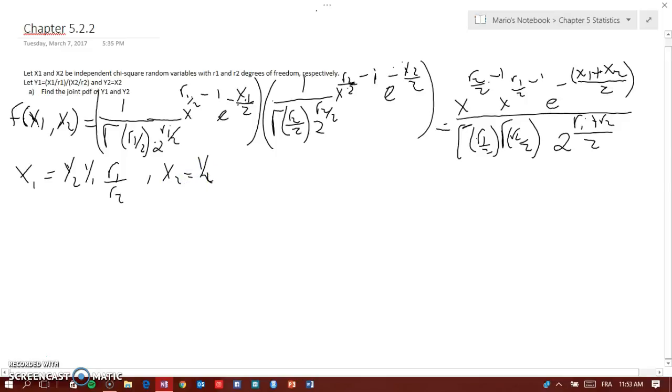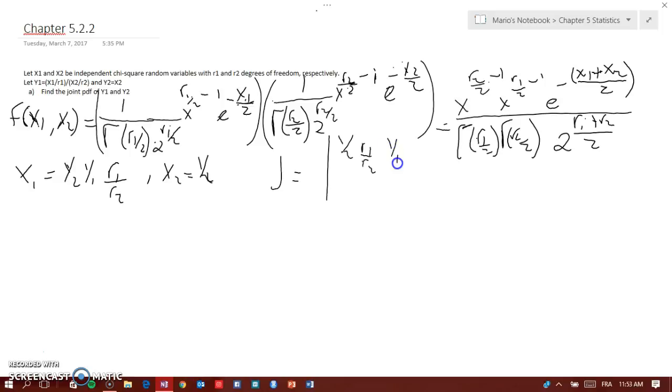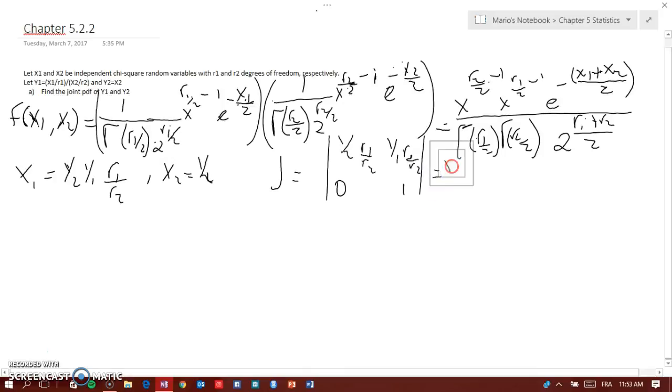So now the Jacobian determinant would be the partial of x1 over y1, that would be y2 R1 over R2, partial of x1 over y2 will be y1 R1 over R2. Partial of x2 over y1 is 0, and partial of x2 over y2 is equal to 1. And that will be equal to y2 R1 over R2. So that's your Jacobian.